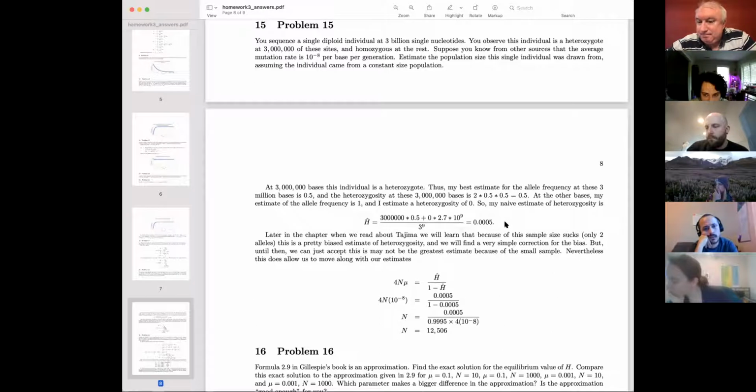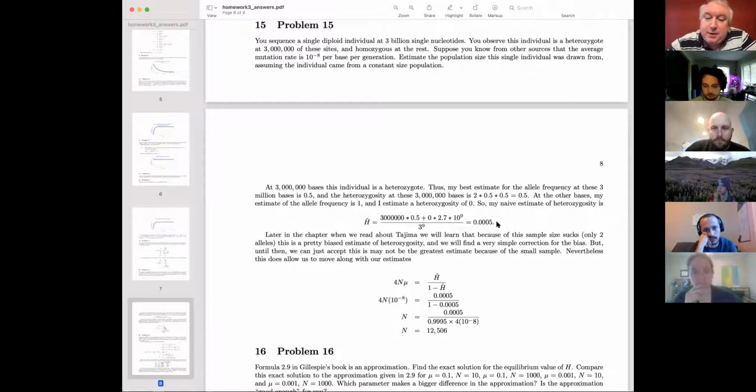Is that assuming that none of these bases are within the same locus, I guess? Each one is a separate segregating allele? Yeah. I've estimated it as a per site heterozygosity over the entire genome, as if every single site was an independent locus. And this is the average over the genome. So this is genome-wide heterozygosity per site.